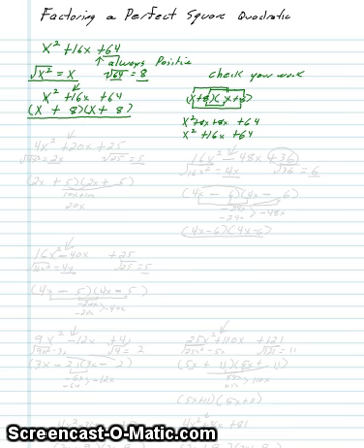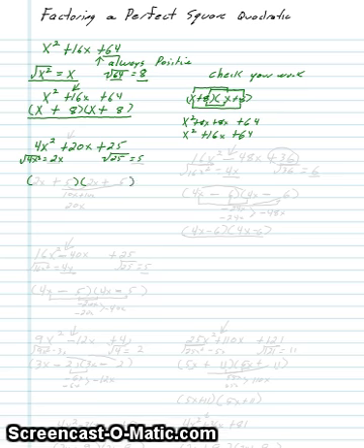Here's another example. 4x squared plus 20x plus 25. Now, when I take the square root of that first term, the square root of 4x squared is 2x. I take the square root of the last term, 25, the square root of 25 is 5.